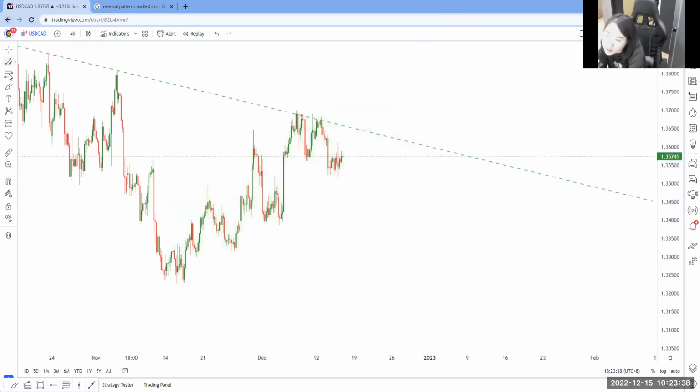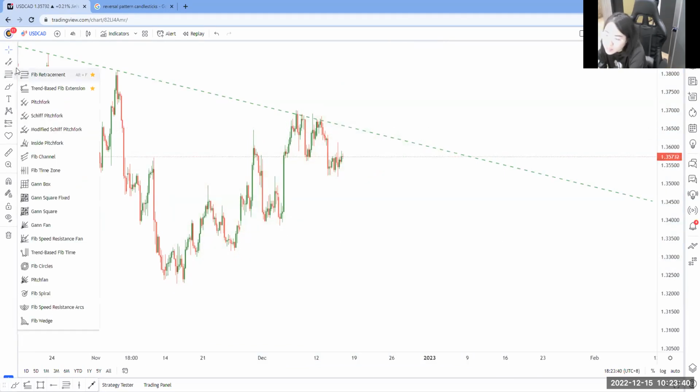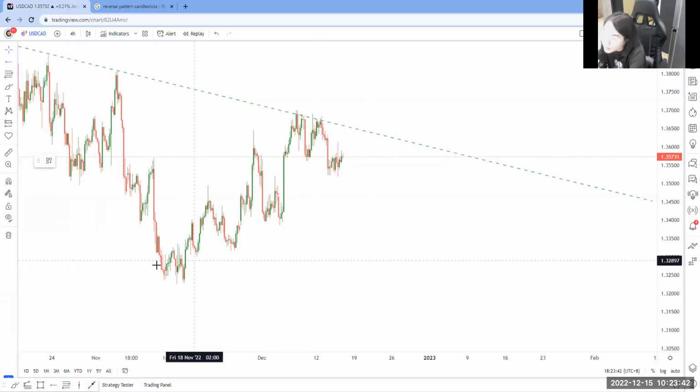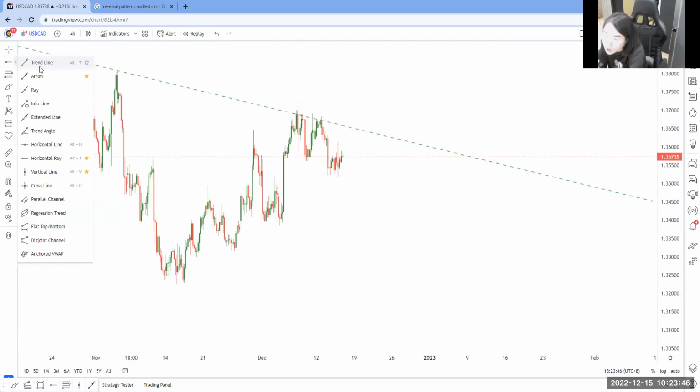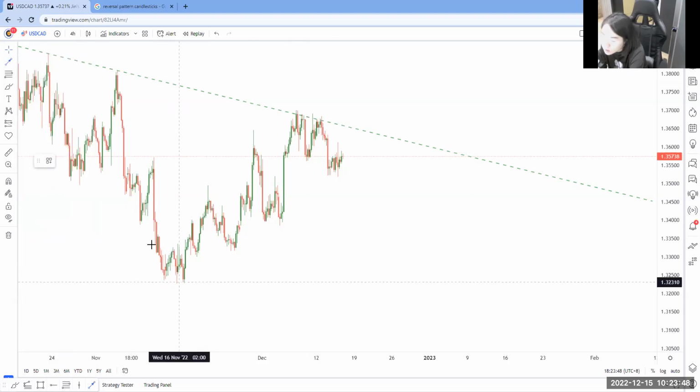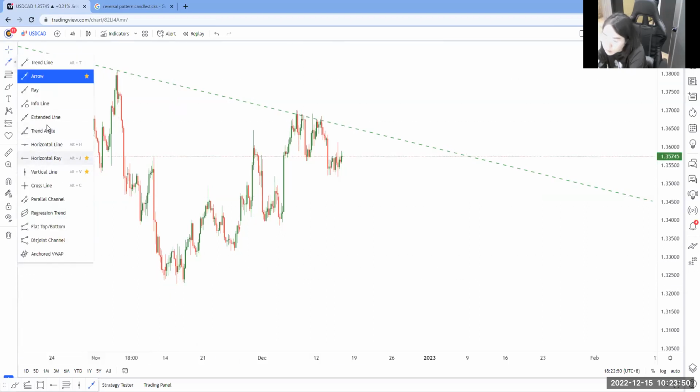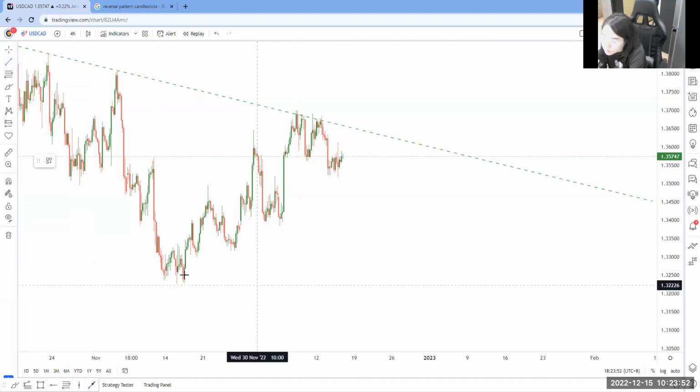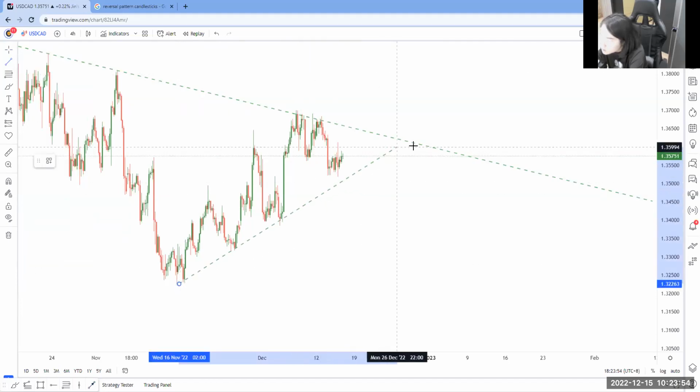In fact, USD CAD is kind of moving in a triangle. A triangle means that it's just kind of hovering between. Let me find my trend line. Okay, so you see that it's moving in a triangle.